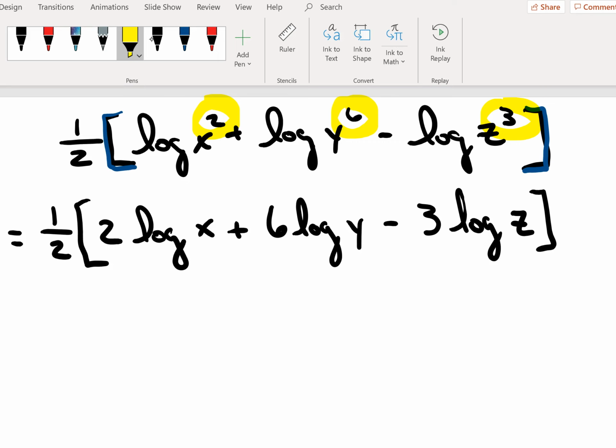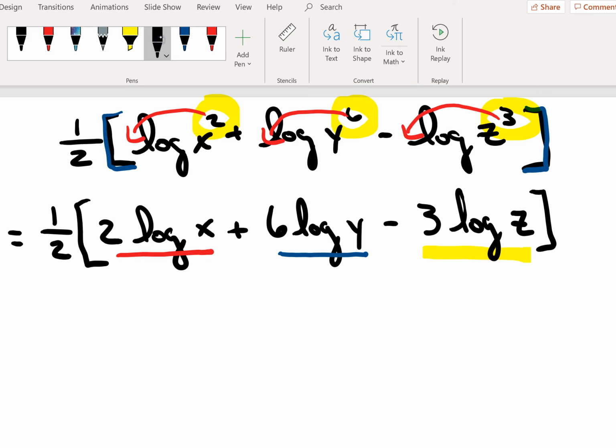Powers inside logarithms, again, can come down as coefficients. And so we end up with log of x squared giving us 2 times the log of x. Log of y to the 6th gives us 6 times the log of y. And then log of z cubed gives us 3 times the log of z when the powers come down.